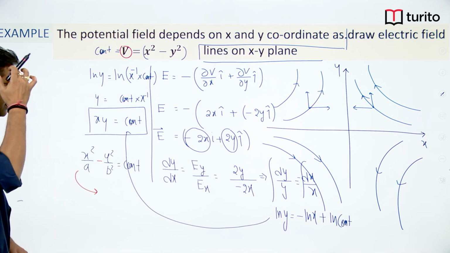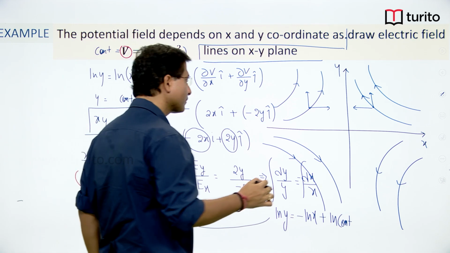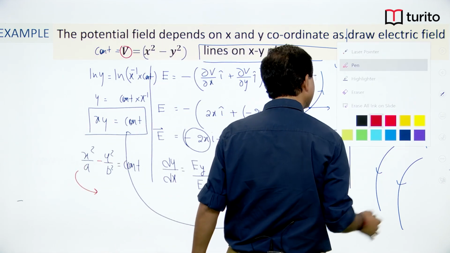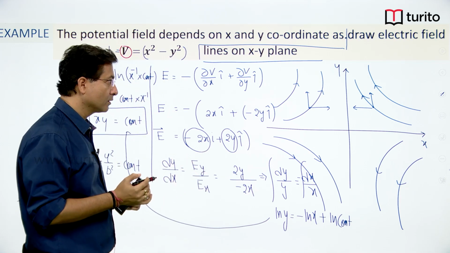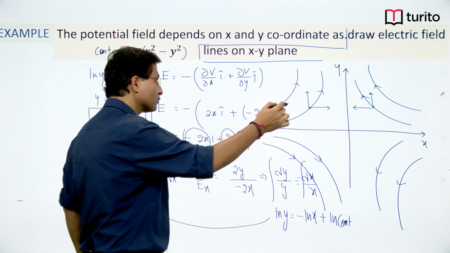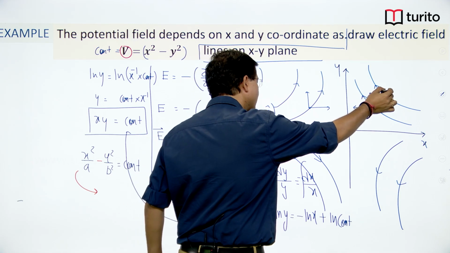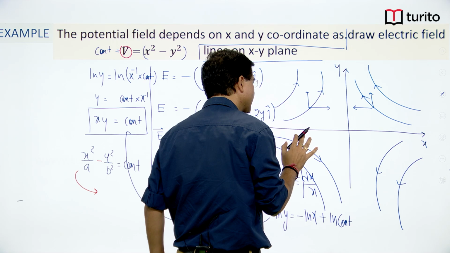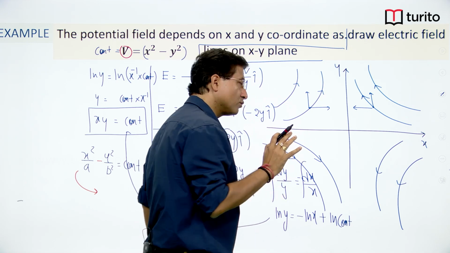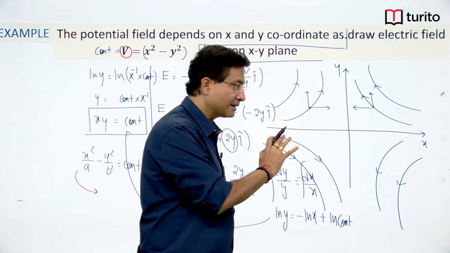So that means in a space you will be getting hyperbolas. Now I am drawing equipotential lines. After drawing electric field lines, I am drawing equipotential lines. So I am telling you the procedure to draw equipotential lines here itself.